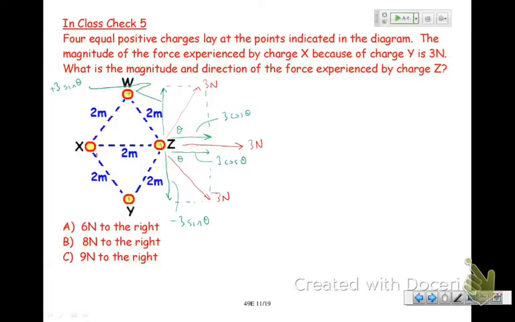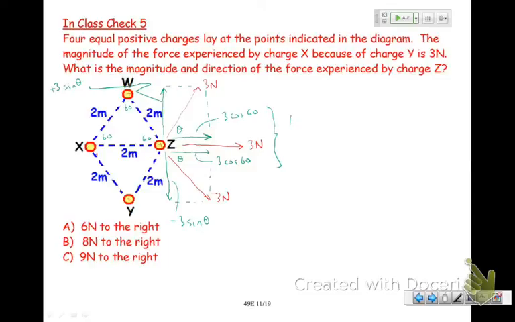I suppose I need to know what theta is. Can you look at the diagram and tell me what angle theta is? 60 degrees. And how do we get that? 60, 60, 60. So that's going to be an equilateral triangle. So that's going to be cosine 60 and sine 60. So my components are these guys, and they're all pointing in the positive x direction.